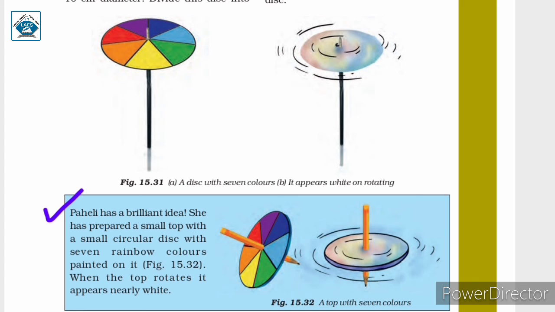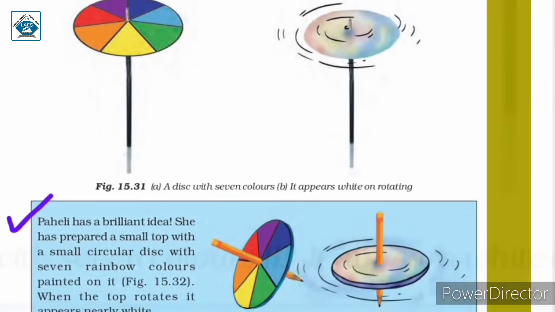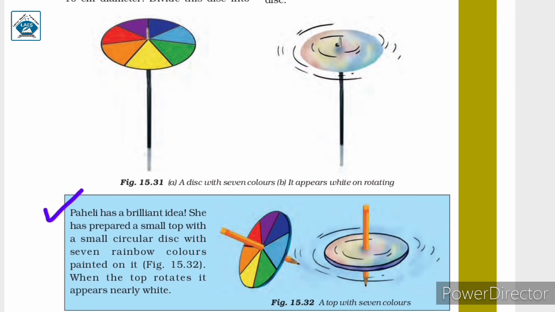Paheli has a brilliant idea. She has prepared a small top with a small circular disc with 7 rainbow colors painted on it as shown in the figure. When the top rotates, it appears nearly white. You all must have played with a top. So Paheli had this brilliant idea after knowing about Newton's disc. She prepared a small top in this way.